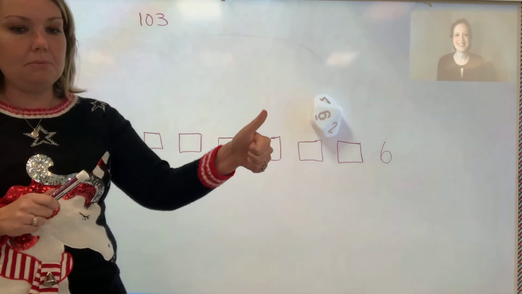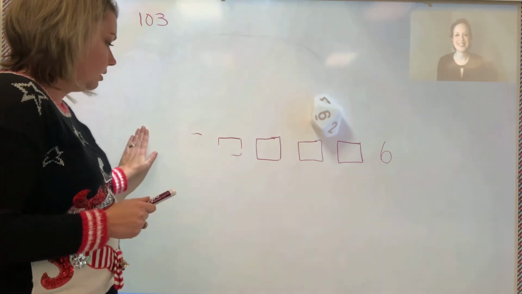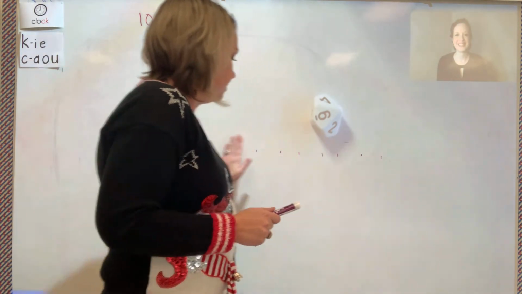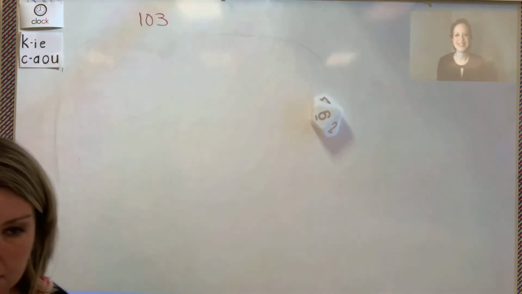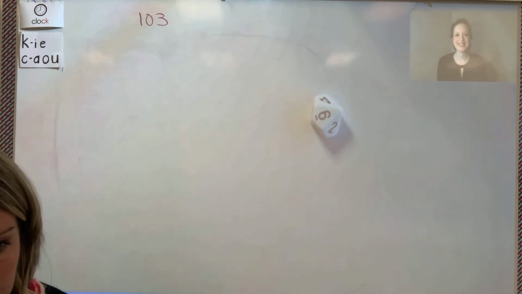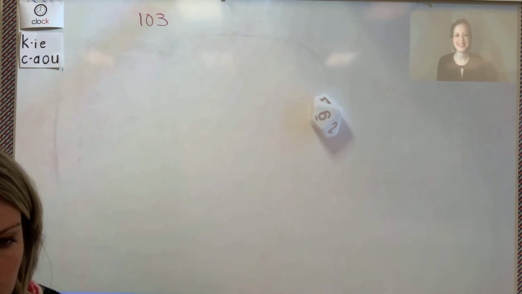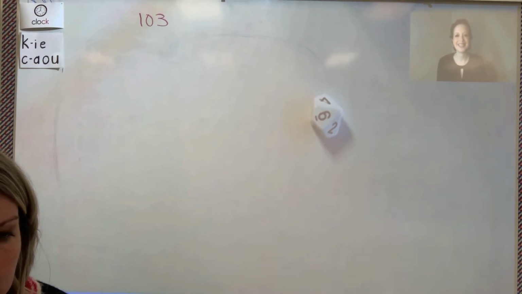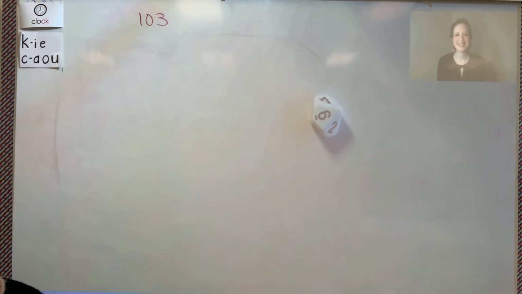Give me a thumbs up once you've done it, or your whiteboard. Okay. Looks like most of my friends have put down their cubes and written the number. Let's push play.